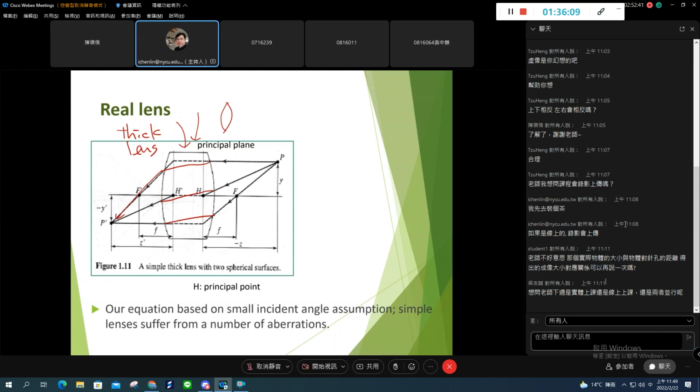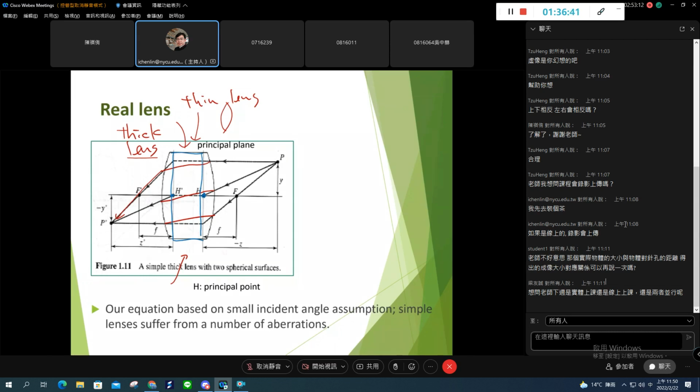So the red is the real lens, but we usually can replace the thick lens with the thin lens model. The idea is that we can assume there is a pseudo principal point here, and with this principle we can regard them as a virtual space or something.